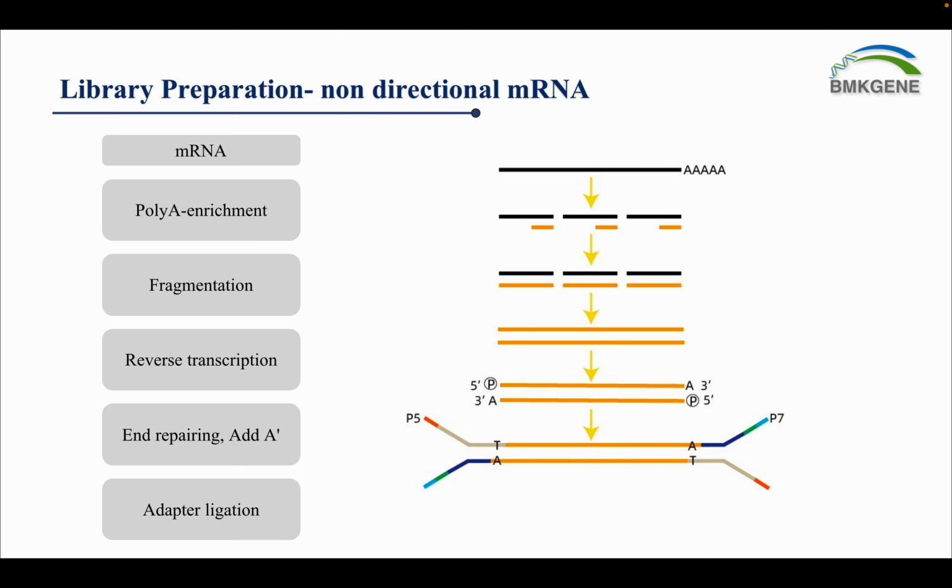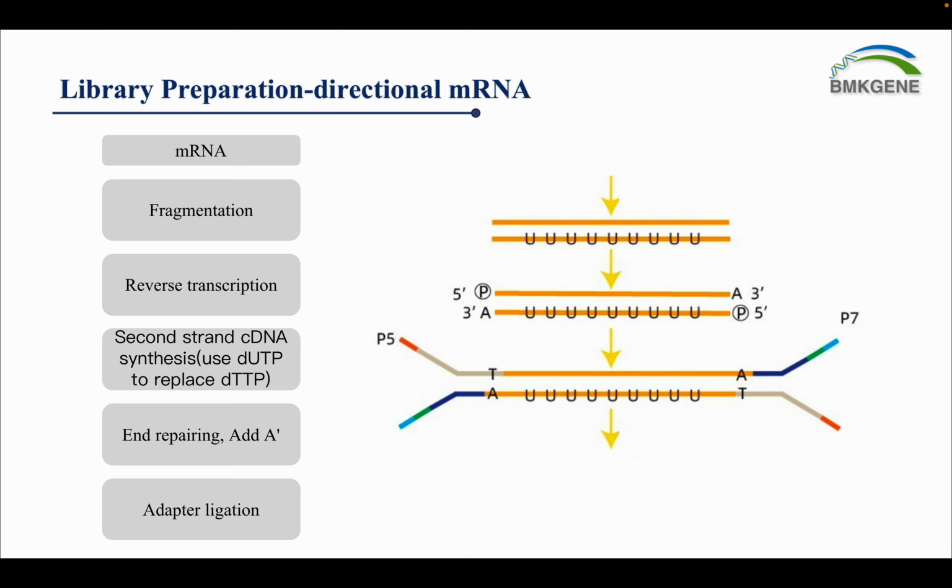In order to avoid the problem that ordinary RNA sequencing could not distinguish the direction of transcripts, directional library methods emerged later. It could return the orientation information of transcripts during the sequencing.